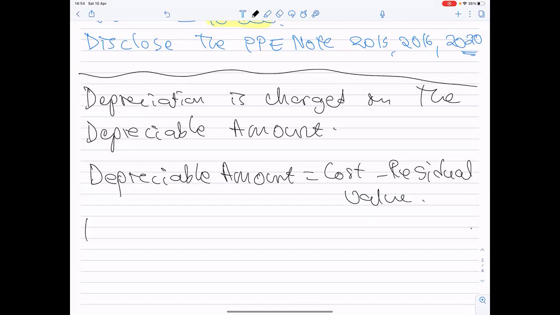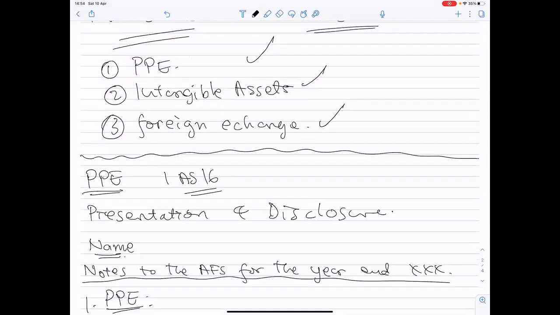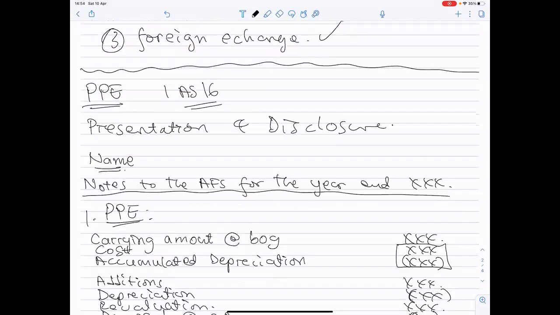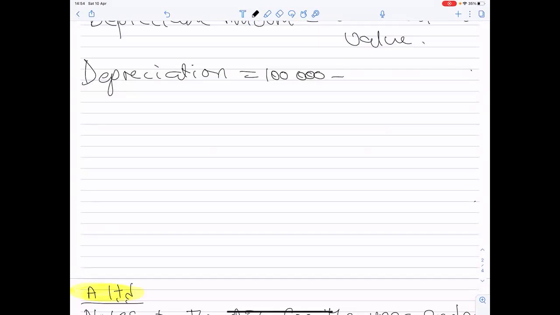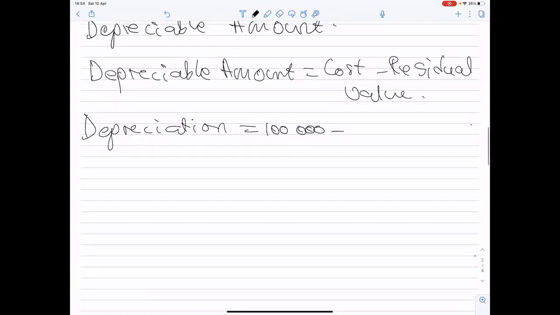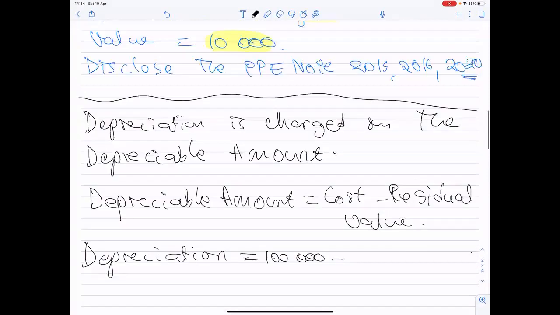So basically, how much is the depreciation of this asset that we have? The cost of the asset is 100,000. We subtract our residual value, which they said is 10,000.